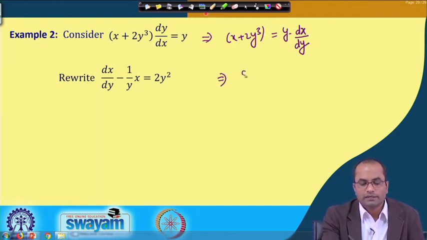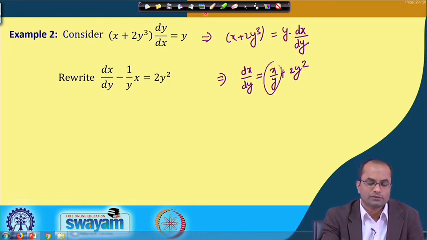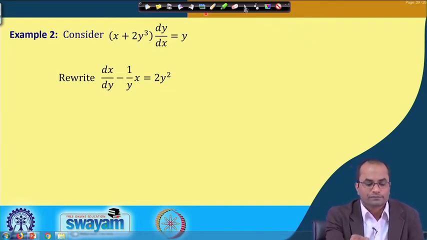We divided by y, so we get x over y plus 2y square, and then we have taken the x over y to the left hand side. So our equation is dx over dy minus 1 over y into x equals 2y square.